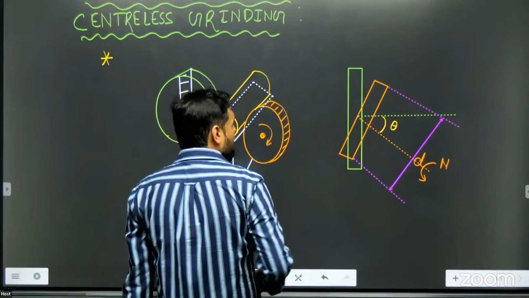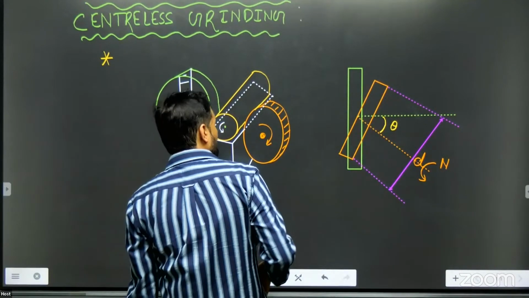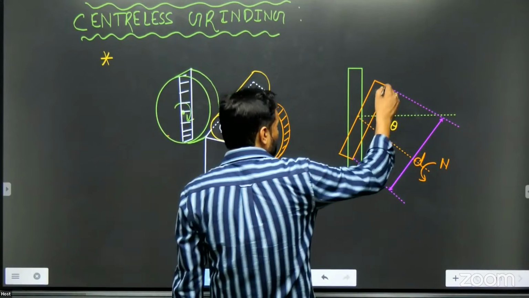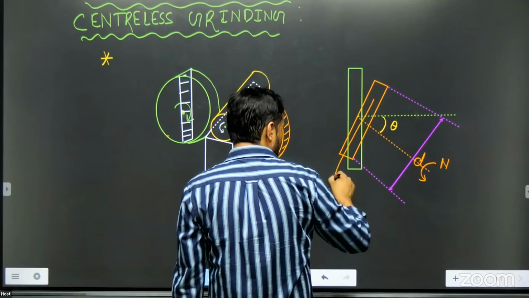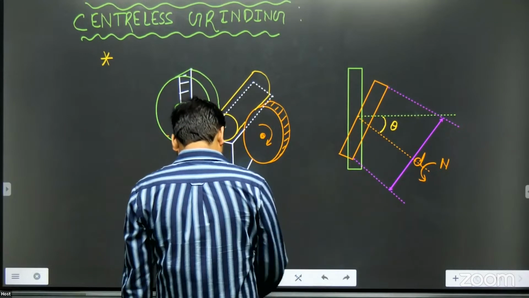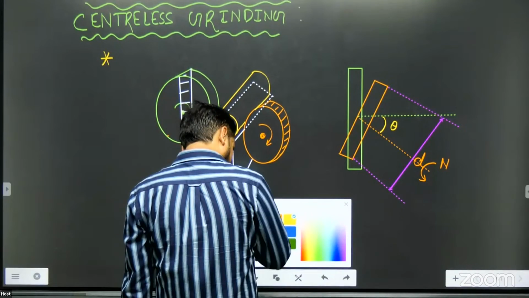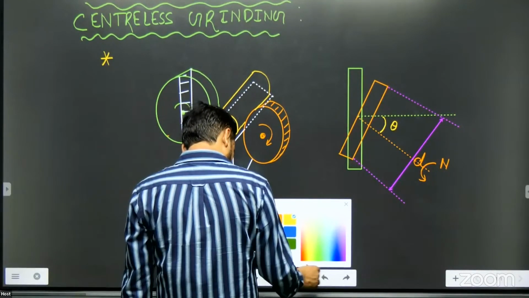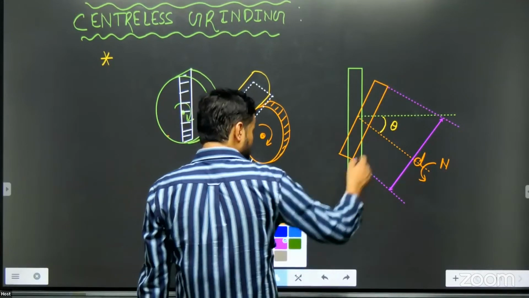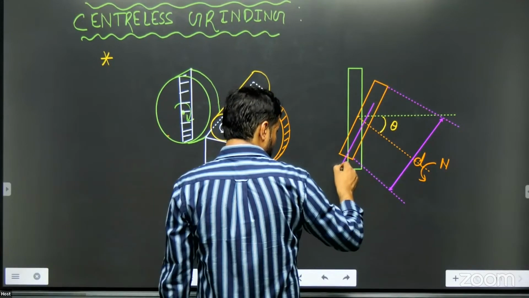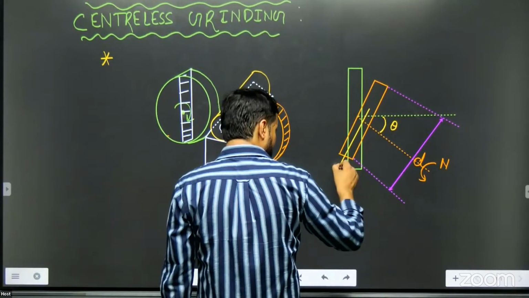So the surface velocity for this grinding wheel will be, my dear, how much? The surface speed for this grinding wheel will be pi d n.